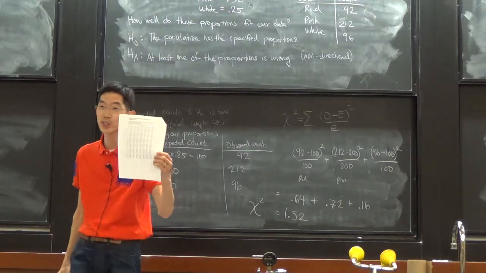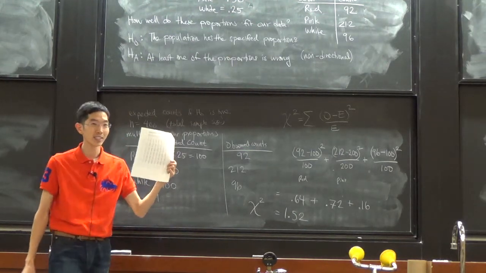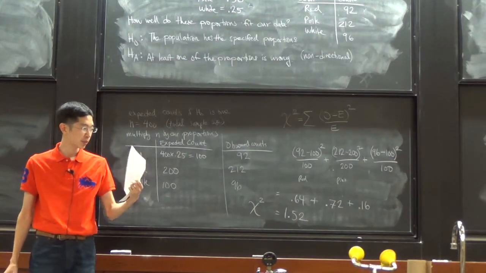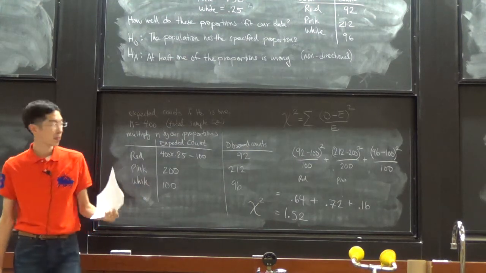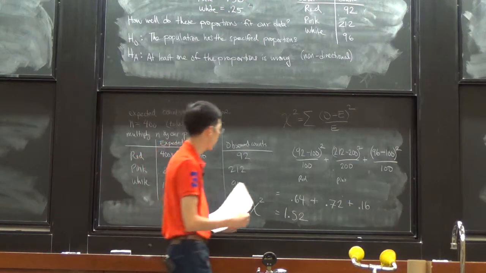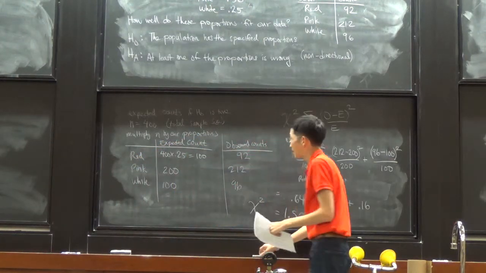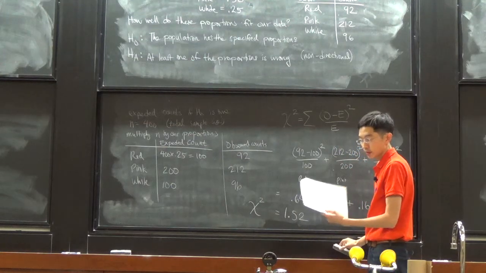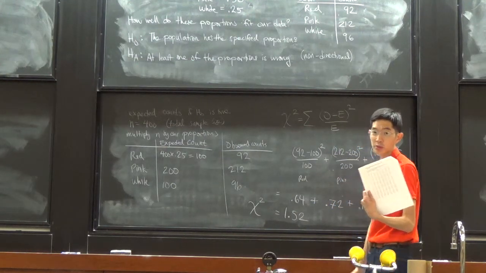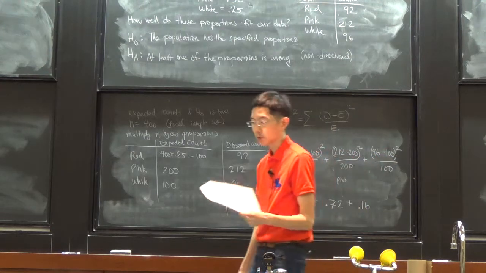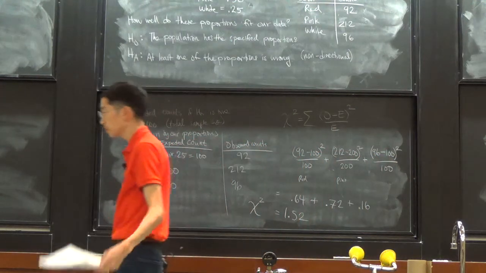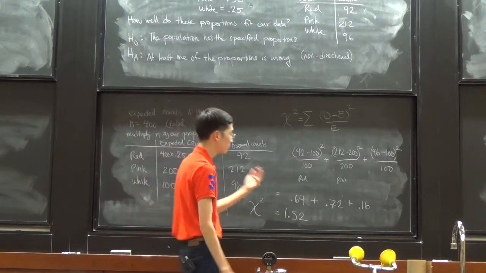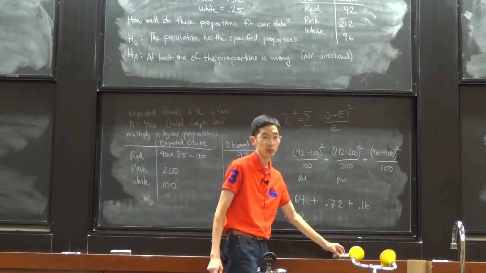We go to our reference tables, and we're going to look up our test statistic to get the corresponding p-value. Okay, so the chi-square table has what we call degrees of freedom. Degrees of freedom for a categorical variable is the number of categories minus 1.